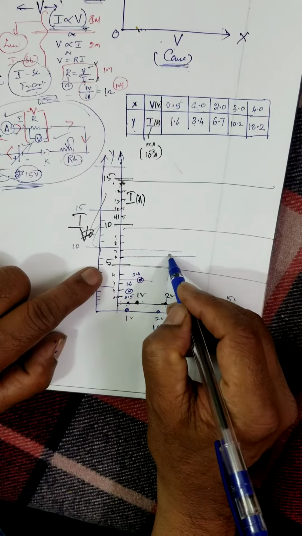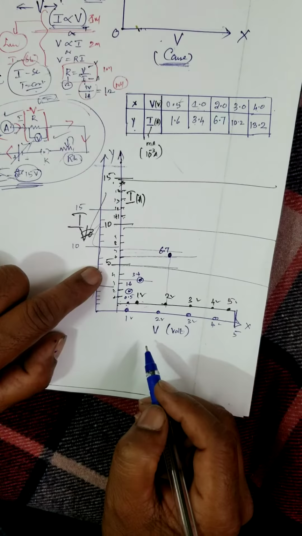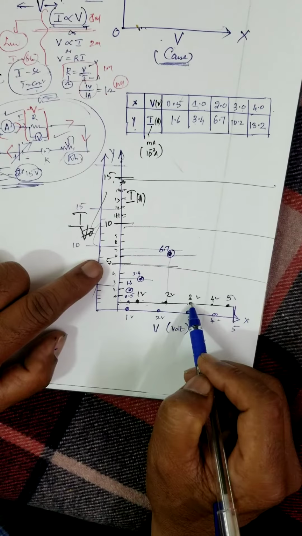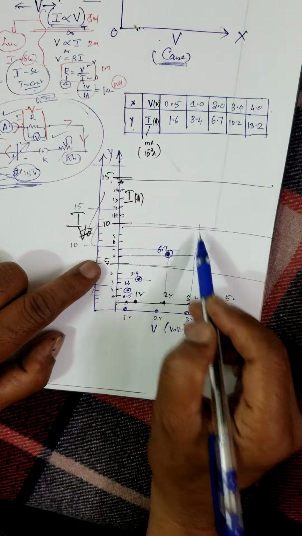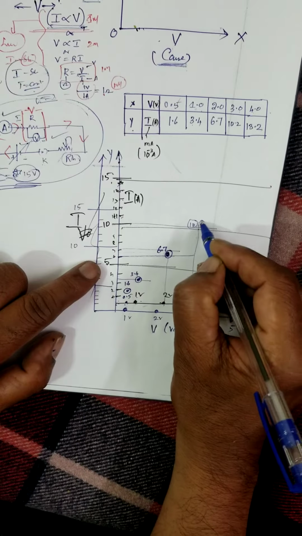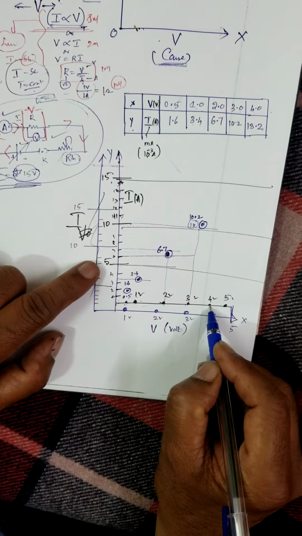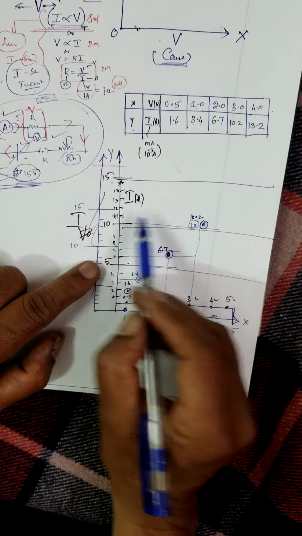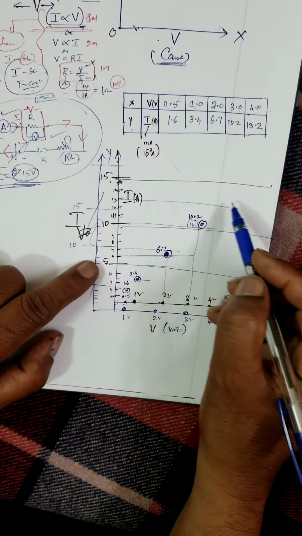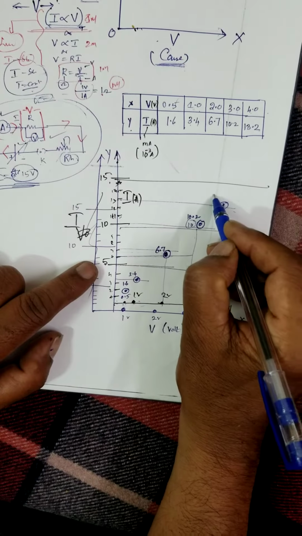When it is 3, it is 10.2, somewhere it comes here. When it's 4, it is 13.5. This is 11, 12, 13, 14. Somewhere it comes at 13.2.